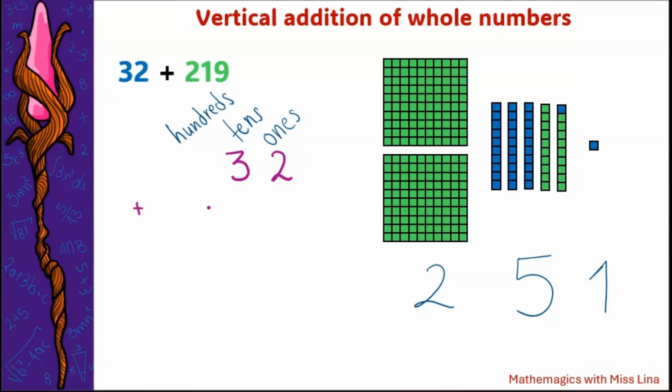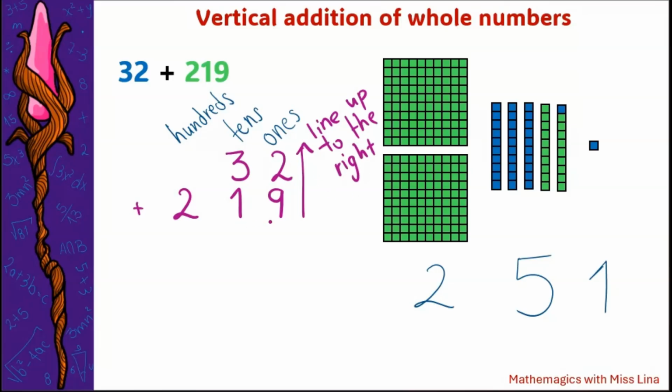And then we add it with the 219. So we always need to line up the numbers to the right. If you line up to the right, you make sure that this is going to be in the correct place value. And then you do the addition.